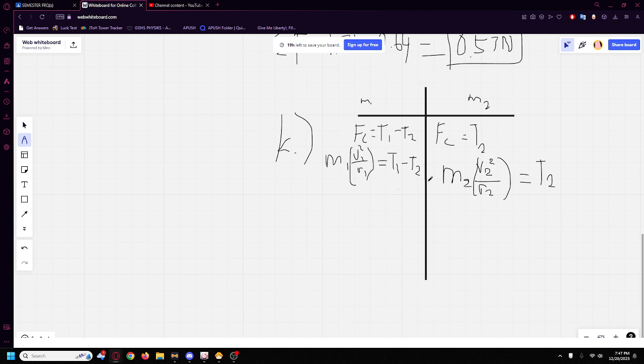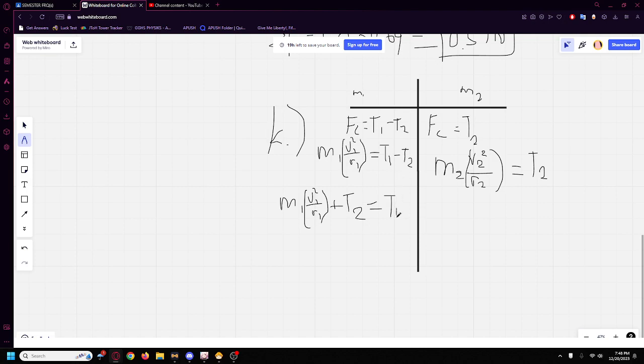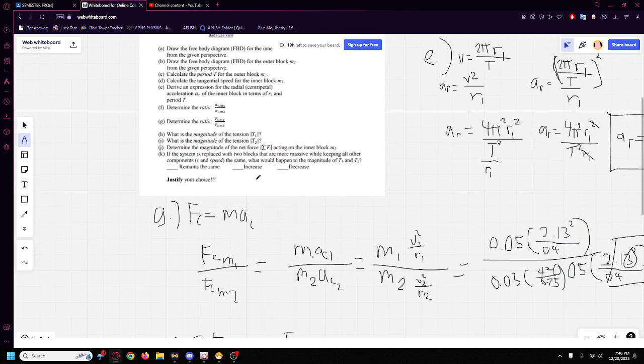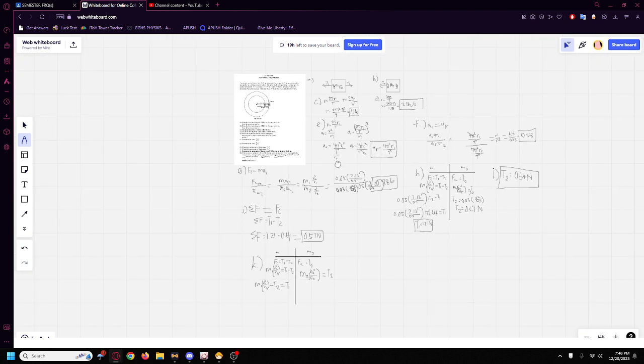And T1 is the same, because if M1 is bigger, then you multiply with a bigger number, and when you do that, you would get a bigger tension for 1, and you're adding it with a bigger tension 2, so that means that T1 will be greater. So both of the tensions would increase. And this is FRQ number 4.